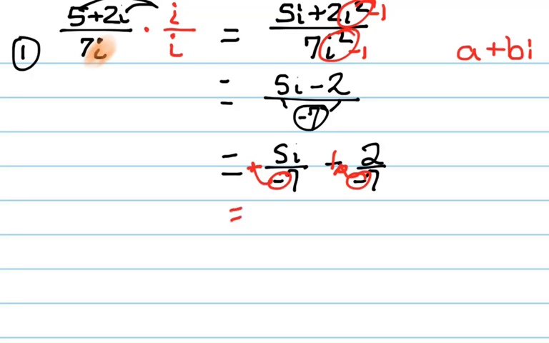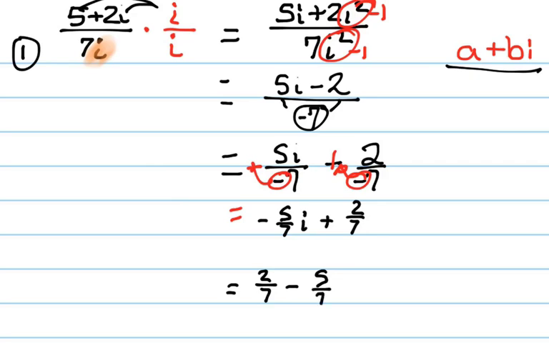And so the way it will look at the next step is we have -5/7 i plus 2/7. And we need it in the format of a plus bi, so we need to rewrite it. And that's 2/7 minus 5/7 i. And that's what it looks like when you rationalize the denominator and divide.